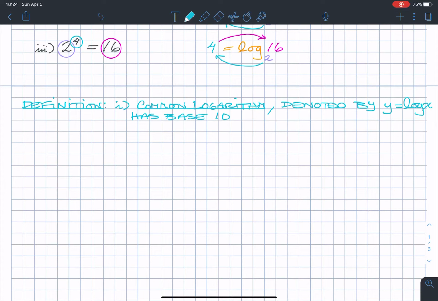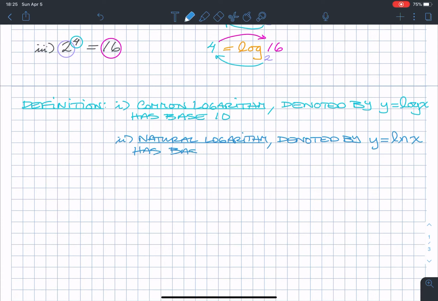Okay. So let's see if I can bring that a little bit in. Yeah. Second part of this definition will be the natural logarithm. So the natural logarithm denoted by y is equal to ln of x has base e.